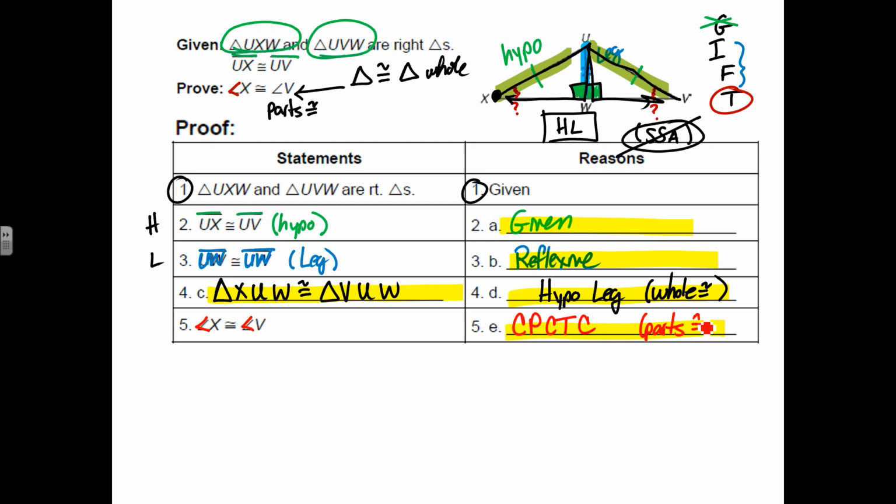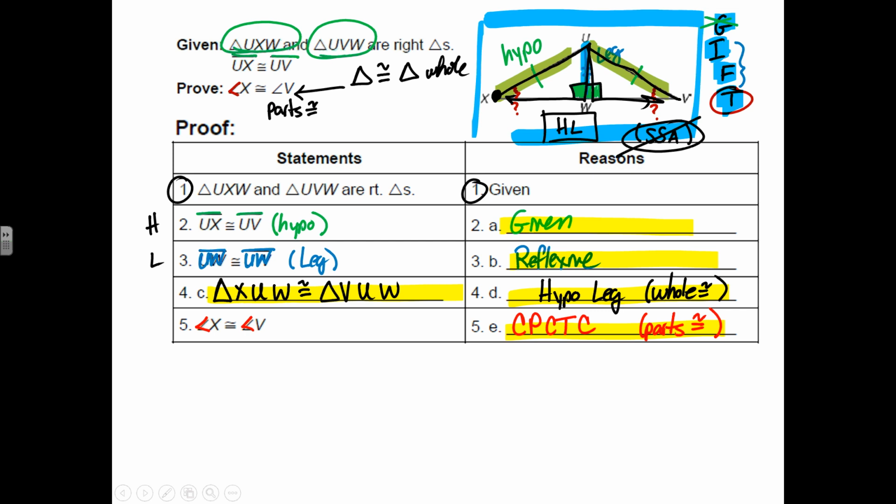Whole congruent, parts congruent. Super important as you do these proofs on your own: all your thinking is done on the diagrams. Only that. Then you do your proof. No naked diagrams.